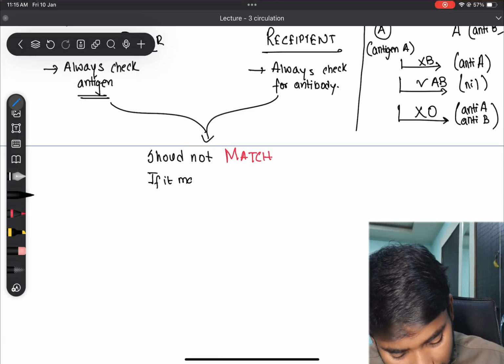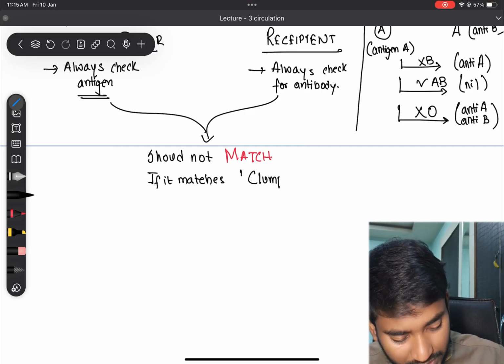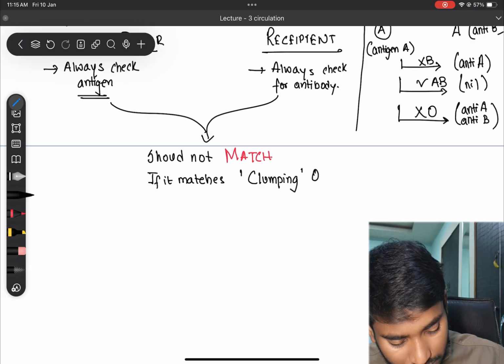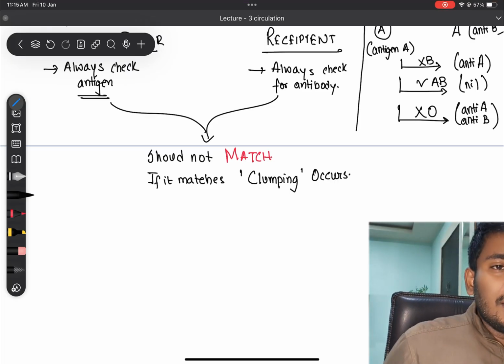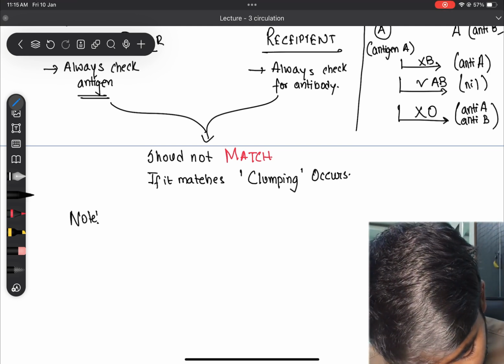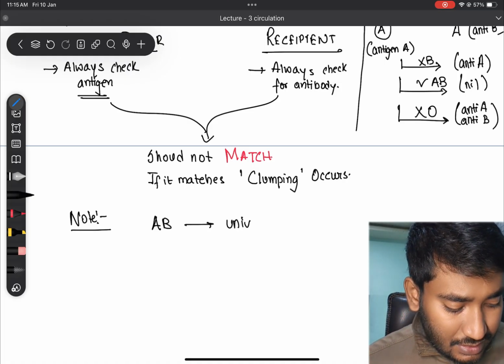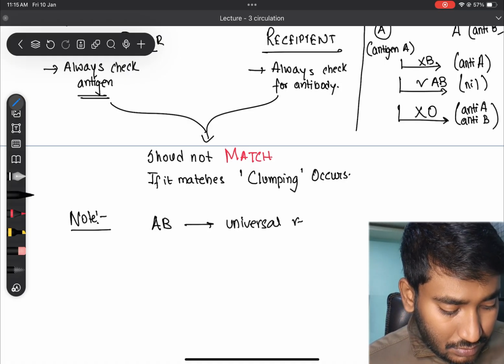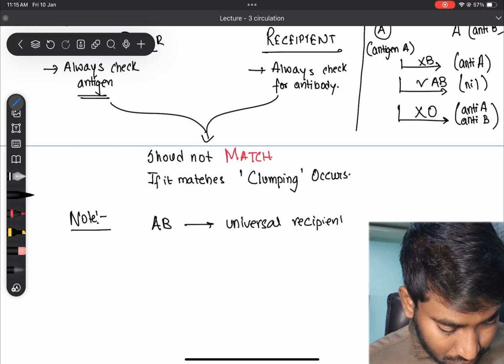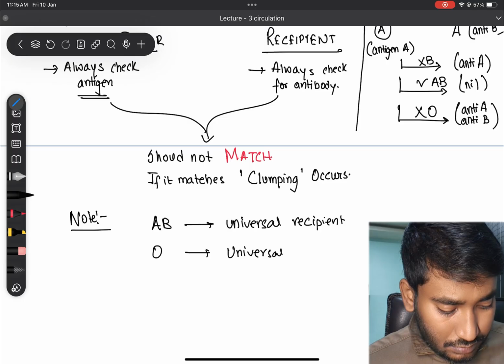If it matches, then clumping occurs. Now we come to take it as a note. I have also said before, AB is the universal recipient, O is the universal donor.